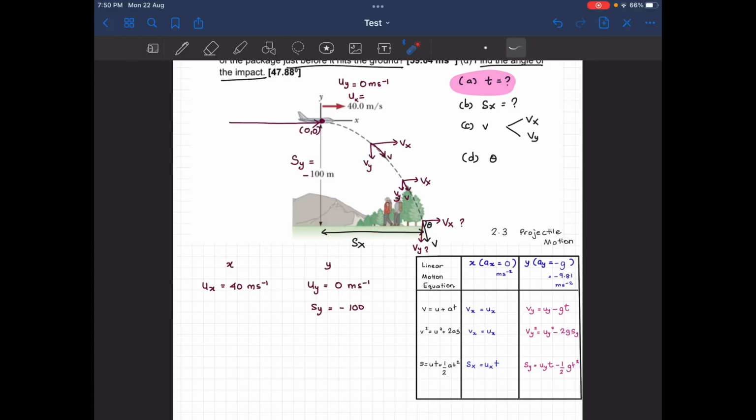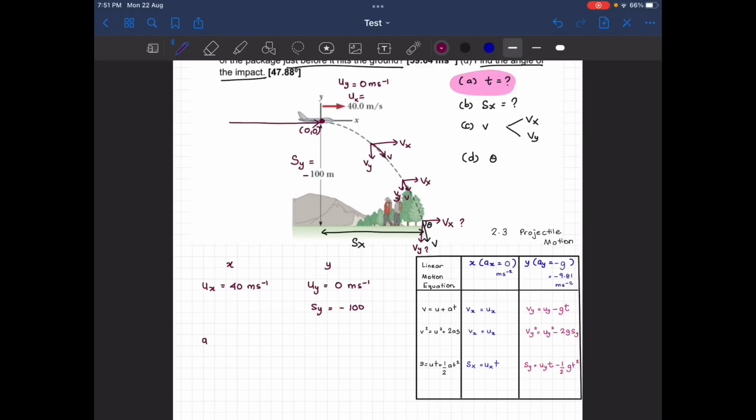If I use this formula, we have Uy, but we don't know the value of Vy, which is at this point, since the time is from here to here. We don't have the Vy there, so we cannot use this one. So how about this formula? I think we can use that one, because we have Sy, we have Uy, and we want to find the time.